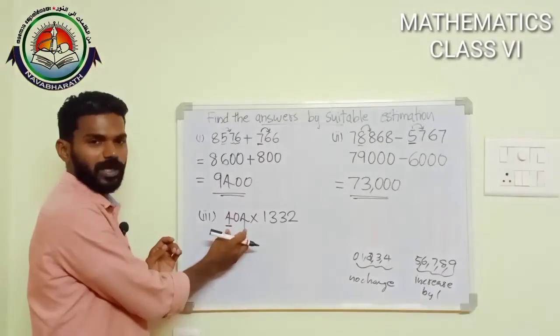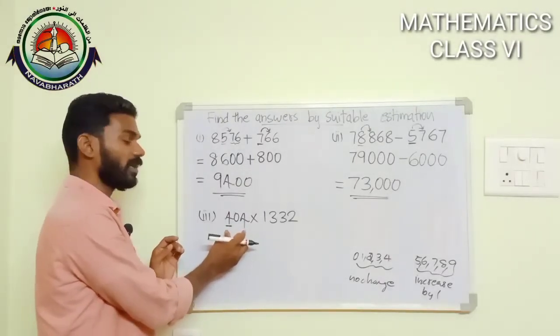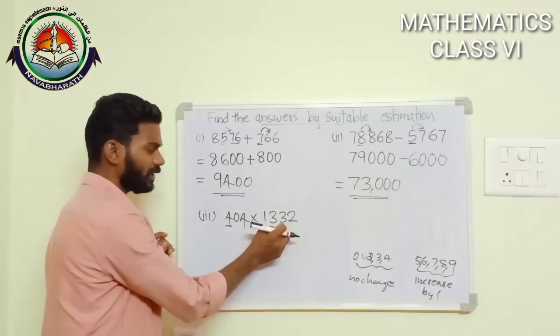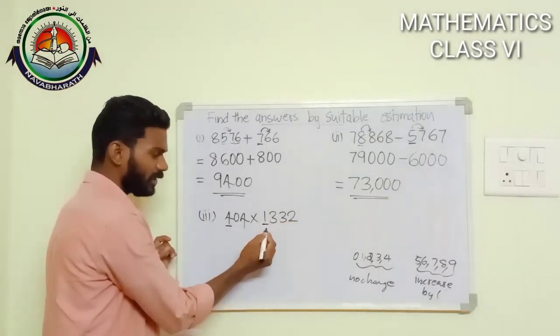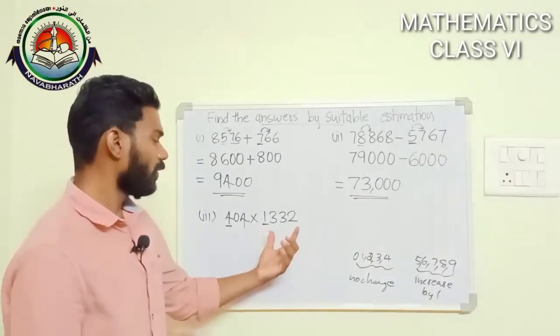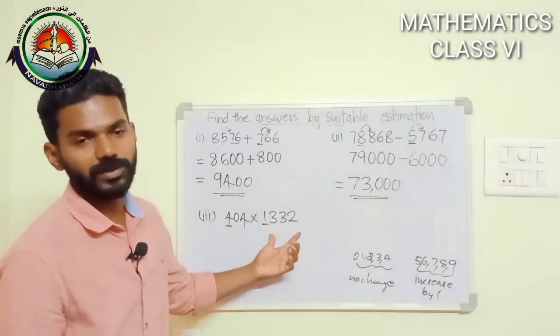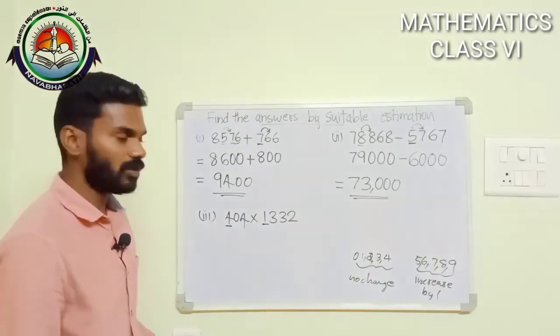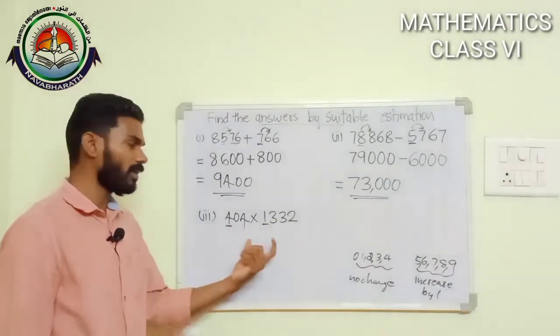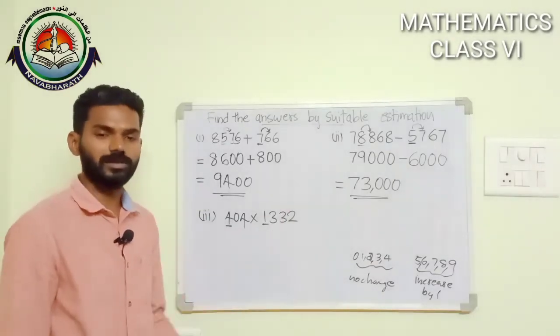So this would be rounding off to the nearest hundreds. And now here ones, tens, hundreds, thousands. The leftmost digit is thousands. So here we round off to the nearest 1000. So we are doing them separately, rounding off to the nearest 100 and rounding off to the nearest 1000.